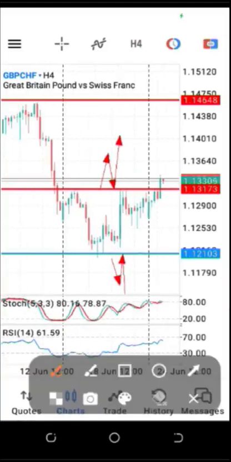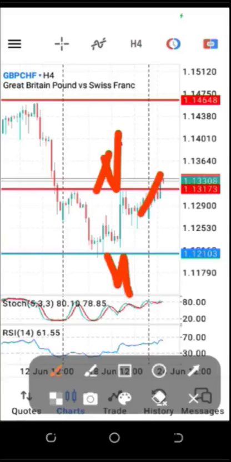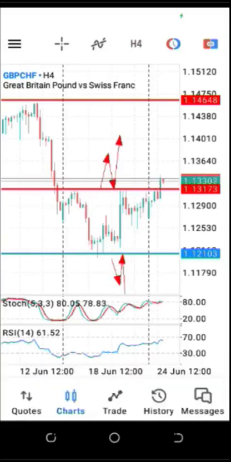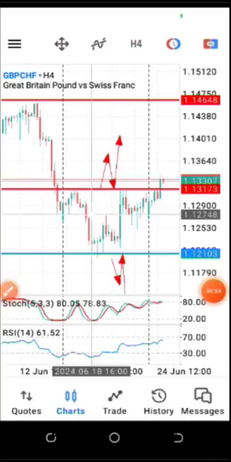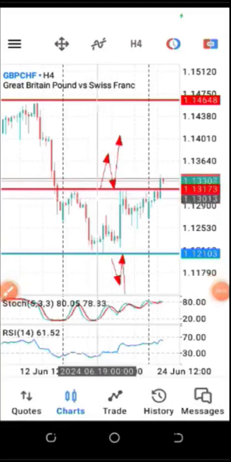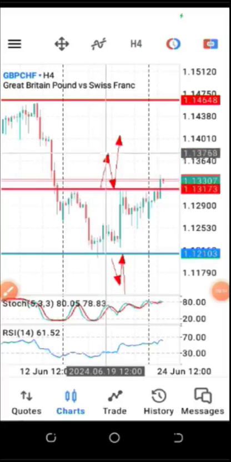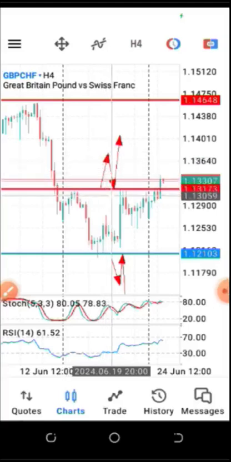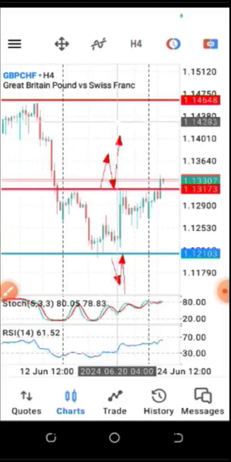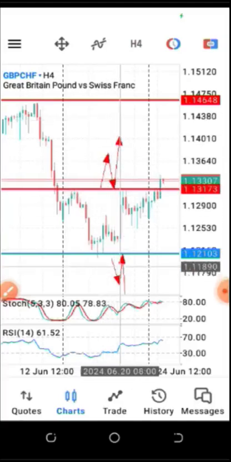I drew them earlier on, and the price has just broken through. Now at the top side, what it means is that when the price breaks above this line, I would wait for a retest or a rejection back from it and go up, and vice versa at the other zone or at the other area.